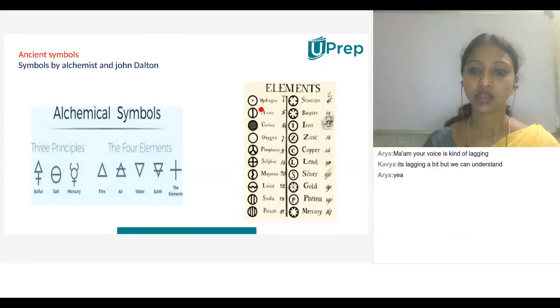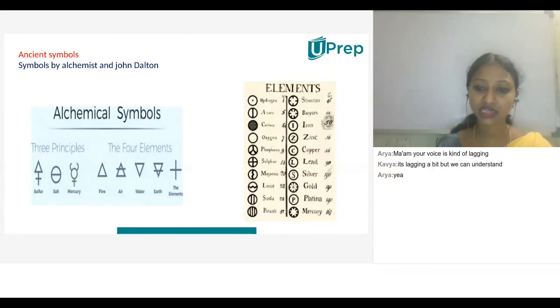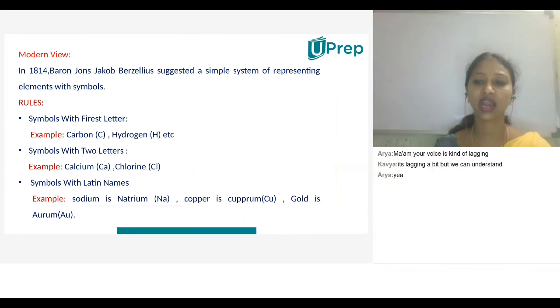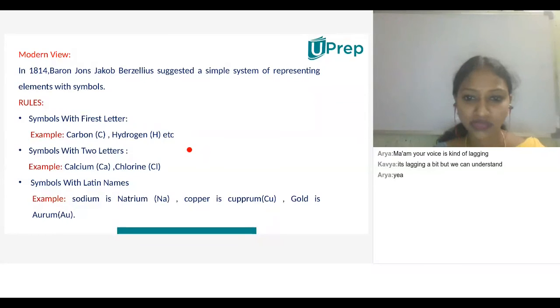who is the next scientist who gave a clearer explanation? Berzelius. Very good. Jacob Berzelius, in 1814, suggested a simple system to represent the elements with symbols.